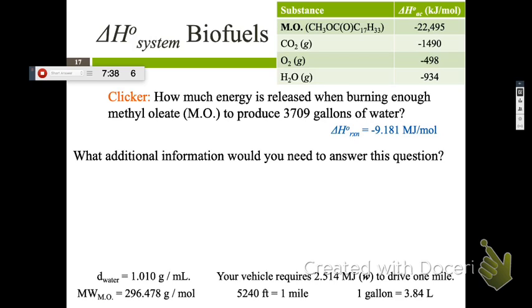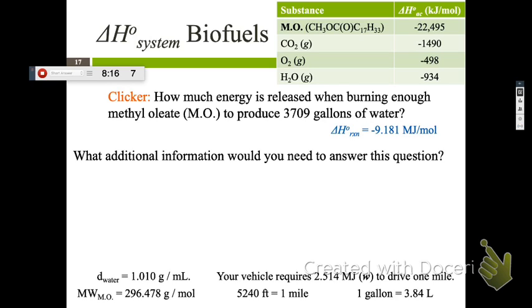Does that make sense? Just calculate it out. Okay. That's grams of water, and then 18 moles H2O is 1 mole.